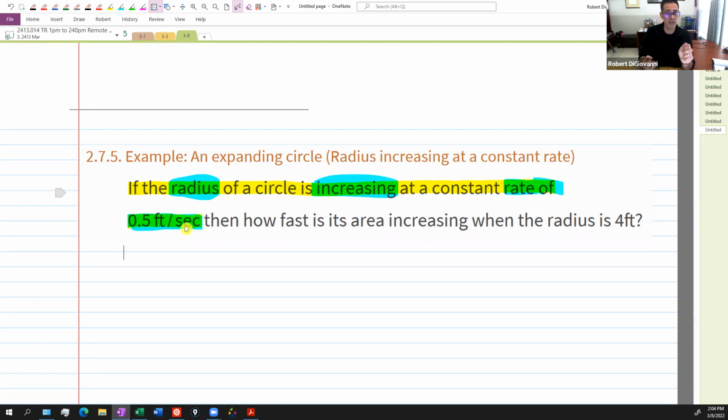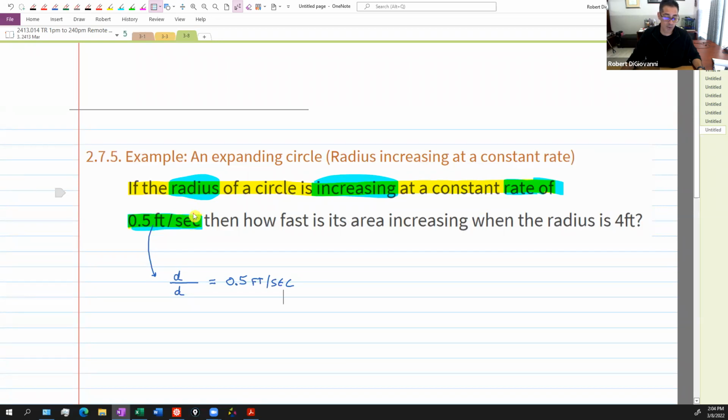Remember, if you have a position function, the first derivative is speed, isn't it? So in some way, they're giving us a derivative right there. They're telling us in that yellow and green and blue that the rate at which something changes with respect to something is 0.5 feet every second. Can somebody tell me the rate at which what's changing with respect to what here?